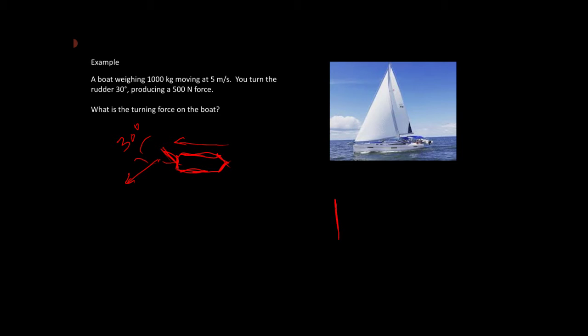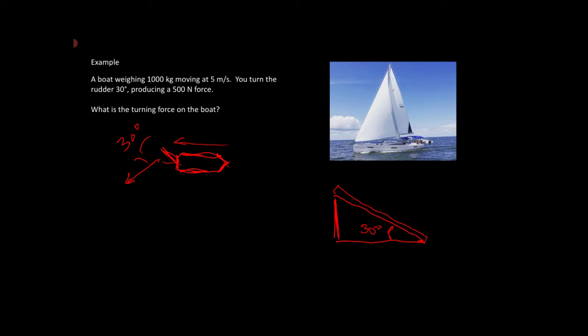What we're going to do for that is we're going to make a triangle, right? So this is 30 degrees, and this is the direction of the rudder. Now, let's see. If the rudder is directly behind us and we're going straight, how much force does it apply? None, right?